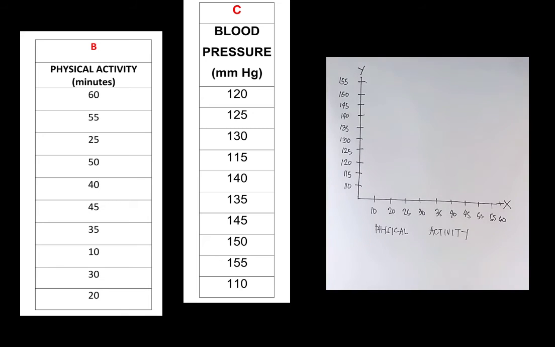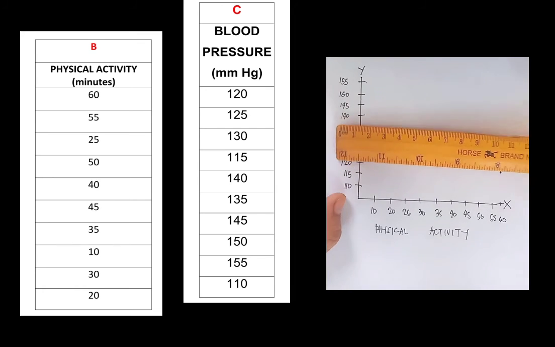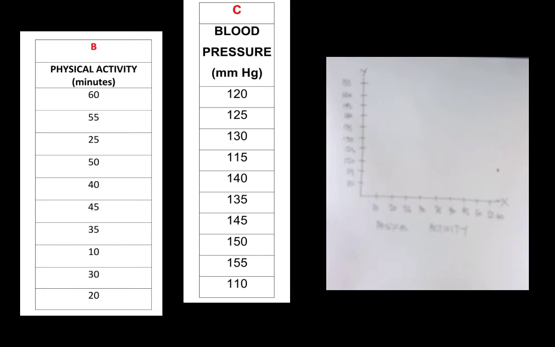The first in the line is 60 and 120. The second is 55 and 125.